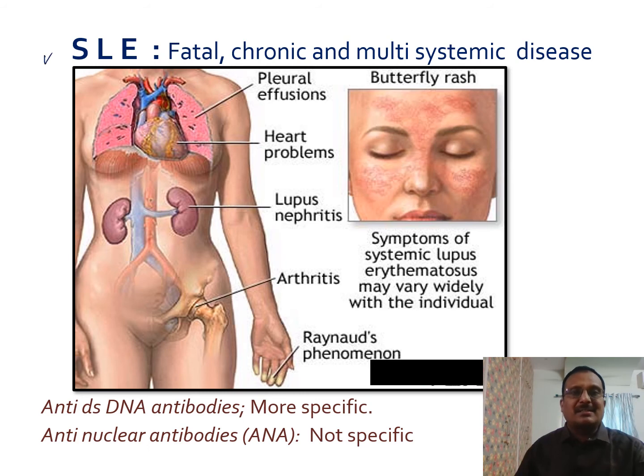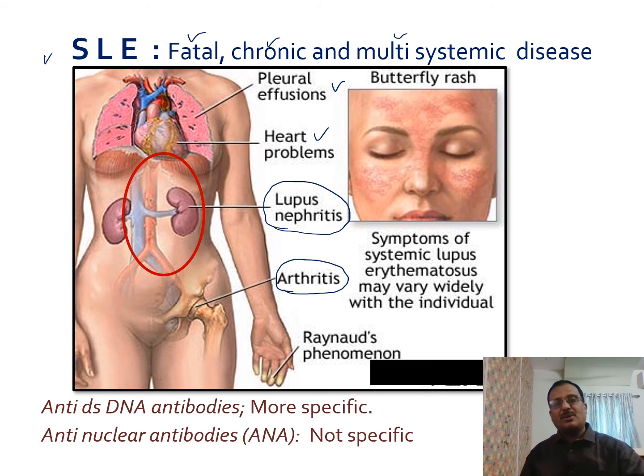SLE is a fatal, chronic and multi-system disease, and mainly it causes nephritis, known as lupus nephritis, and you can also see pleural effusions, heart problems, and joints involved, resulting in arthritis, because the autoantibodies are produced against the DNA in the nucleus of various cells, resulting in all these clinical manifestations.